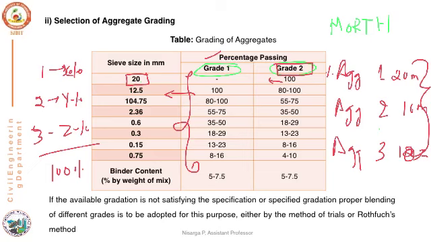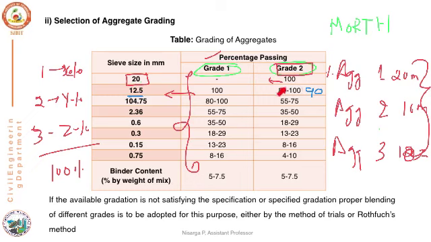Next, similarly take the next one, 80 to 100. Here when we have the upper and lower limit, we have to take the average of it. So the average of these two will become 90. So we have to check the 90% passing on the graph, which corresponds to 12.5 mm.